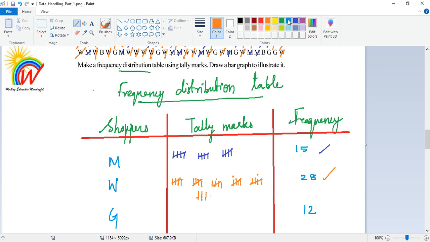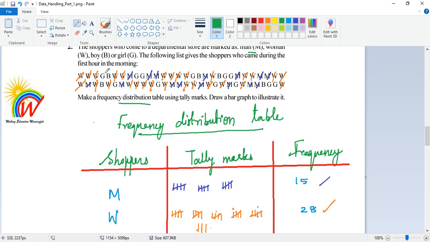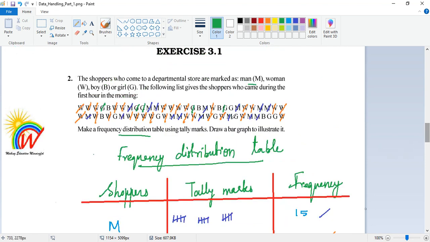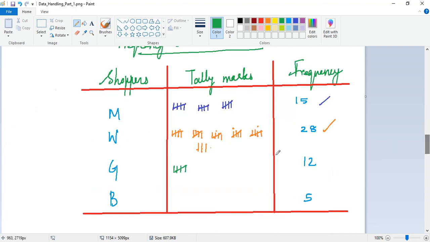That is the number of girls. Okay. So girls are 1, 2, 3, 4, 5. So let me write that. And then I have 1, 2, 3, 4, 5. 1, 2, 3, 4, 5. And then you have a 1 and 2.